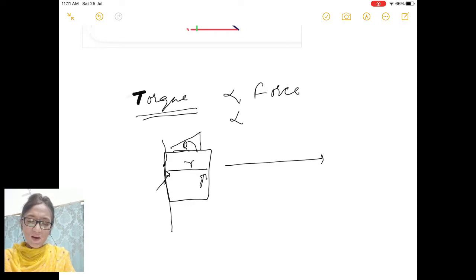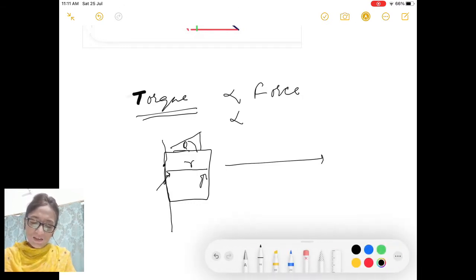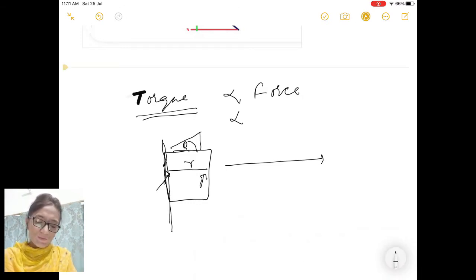Now consider a door. This door is fixed along this axis of rotation, and if you apply some force, you will observe some rotational effect in this door. The door rotates through some angle, and this rotational effect is considered as torque.